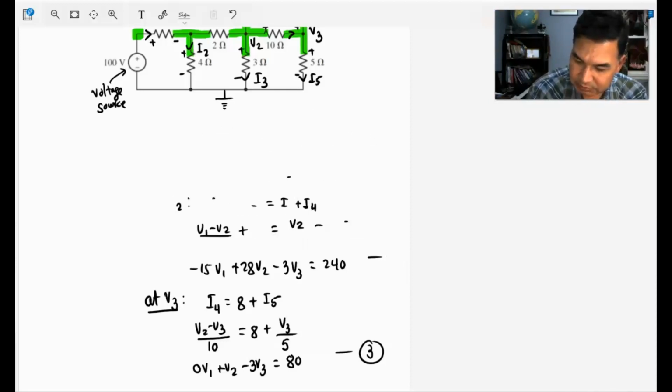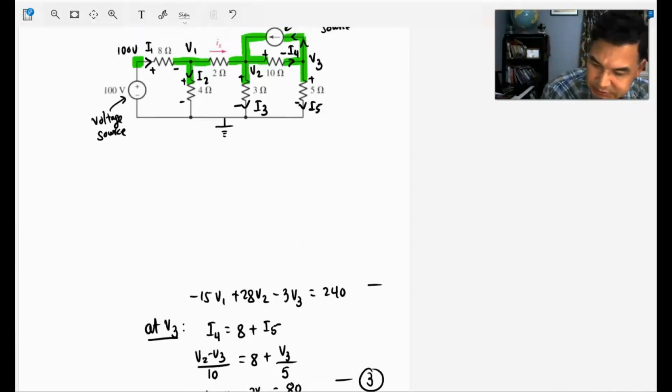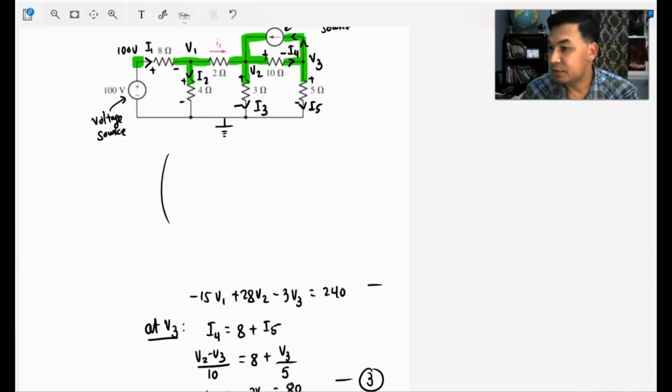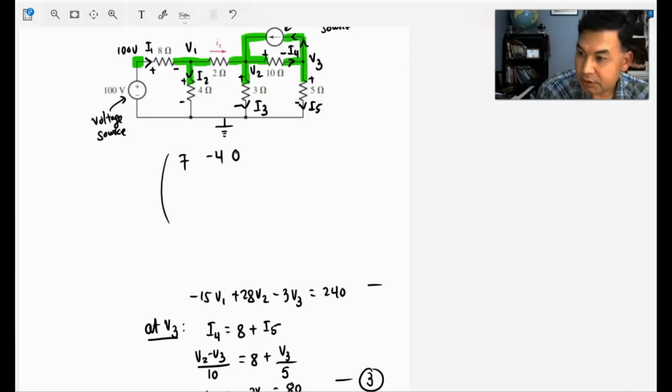Remember all these three equations? Now all these three linear equations can be written in this nice matrix form. And why do you need that? This is your coefficients: 7, -4, 0, -15, 28, -3, and 0, 1, -3.